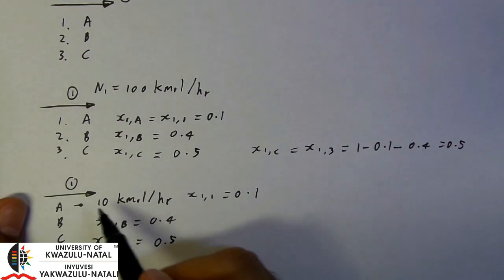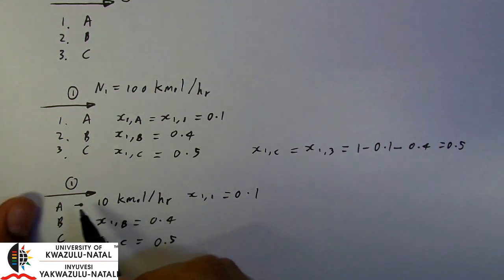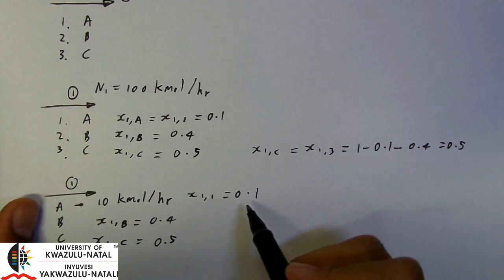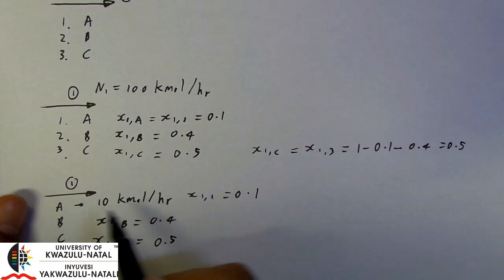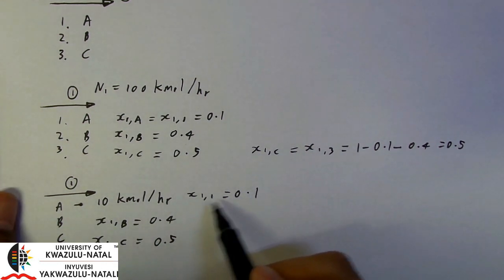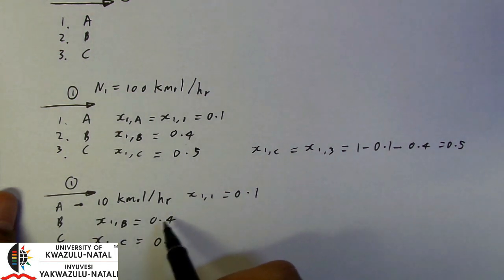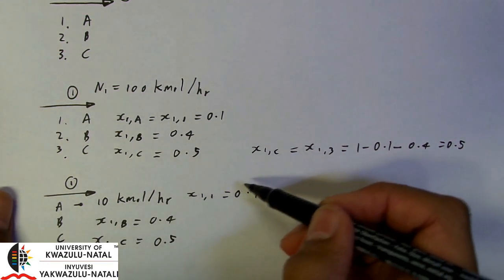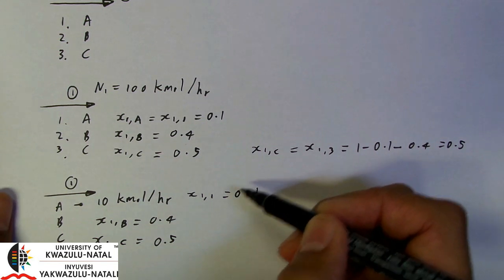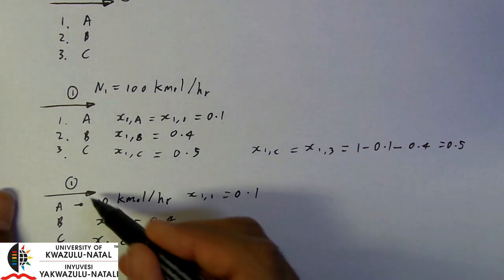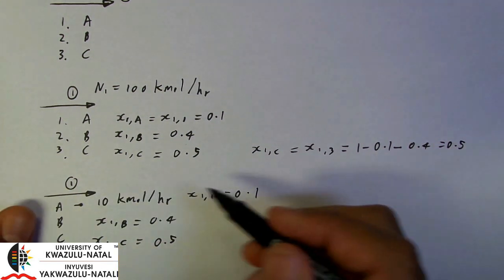Okay, now we have the flow rate of component A and we have the composition. So we know that 10% of this stream is 10 kilomoles per hour. So we can get the total flow rate. That will simply be 10 divided by 0.1 and we will get our total flow rate.